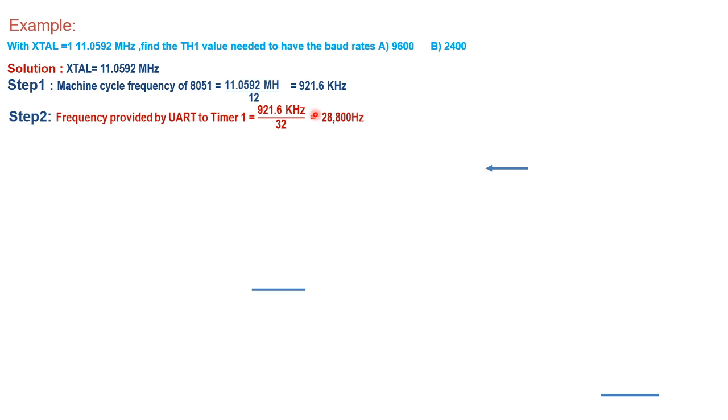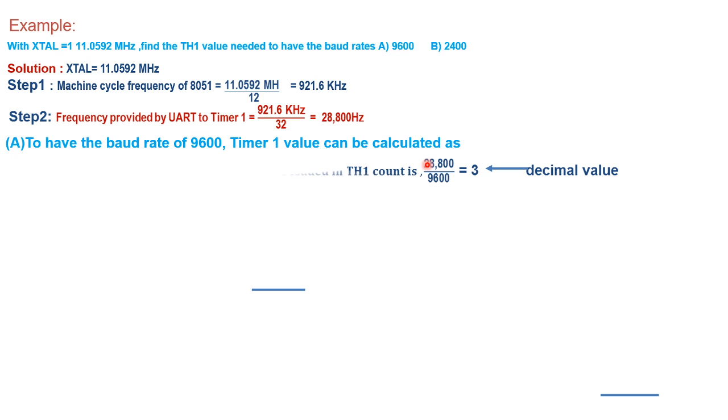In step 2, the frequency used by the UART, that is for the timer, is the machine frequency divided by 32, that gives us 28,800 hertz. So to find the baud rate of 9600, the timer 1 value, we can calculate it like this.